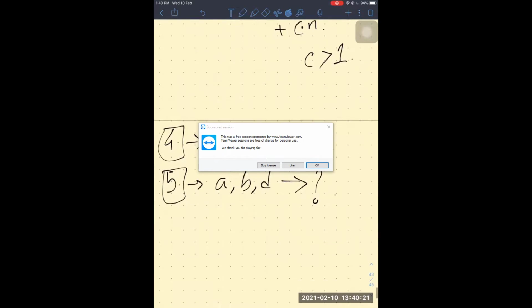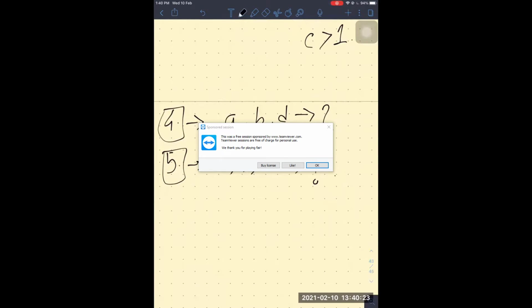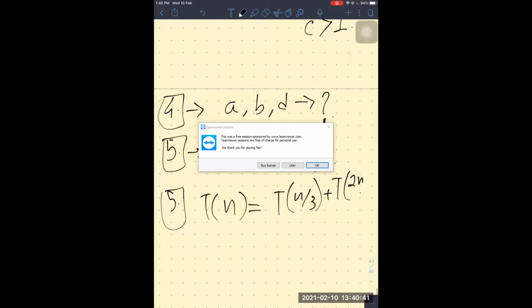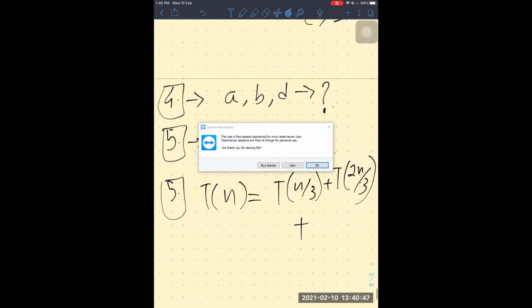Okay, let's discuss that. It is given T(n) equals T(n/3) plus T(2n/3) plus c times n.